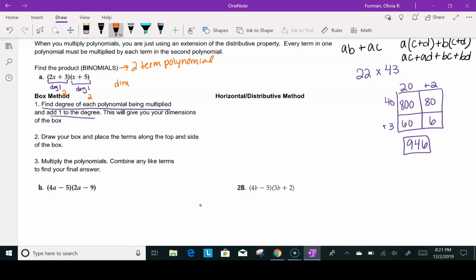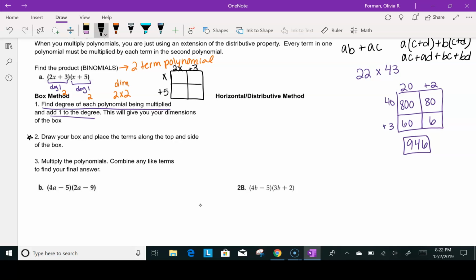The dimension then is going to be a 2 by 2 box. So I'm going to draw that box. I'm at step number 2 now. Along the side or the top, you're going to put the first polynomial, 2x plus 3. And then along the bottom, you're going to put x plus 5.